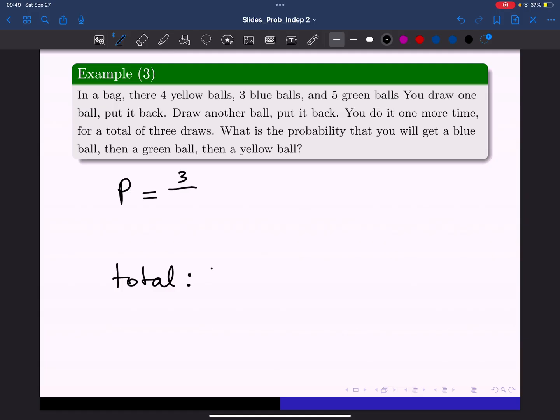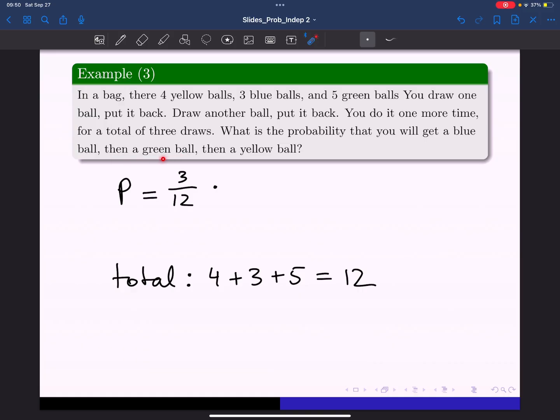The total number of balls is 4 plus 3 plus 5. So 7 plus 5 is 12. So we will have 3 out of 12 for getting a blue ball, because we have three blue balls out of 12 balls total.